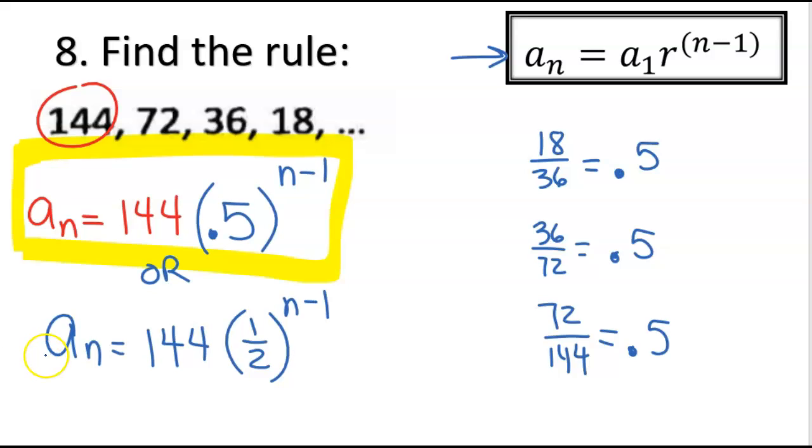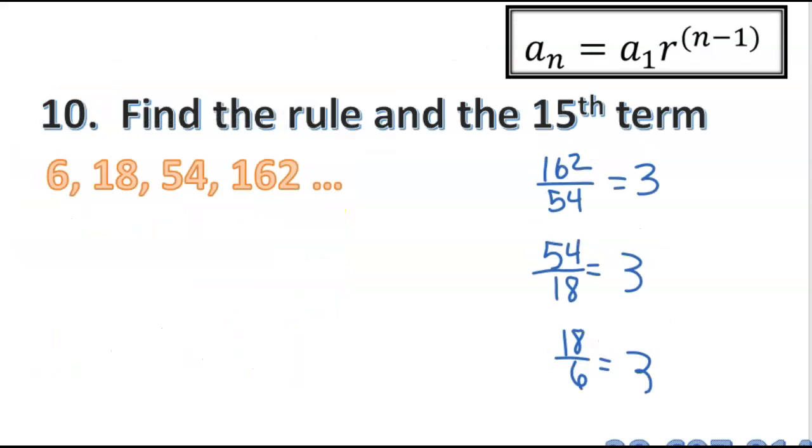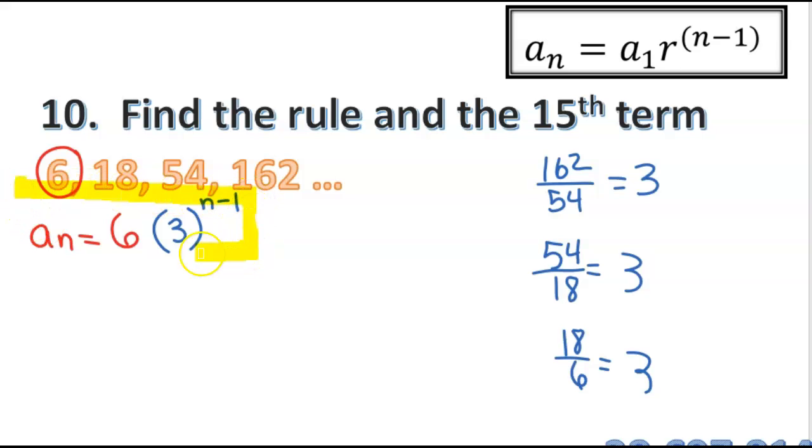So it could also be written in this form. You divide by the number in front of it to find out that the multiplier is 3. A sub n is 6. The common ratio is 3, n minus 1. This is my function rule.